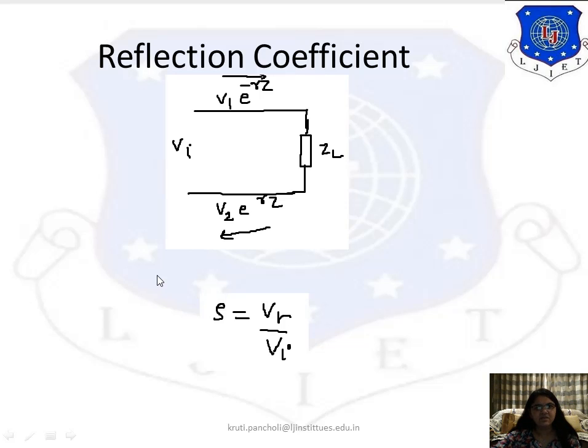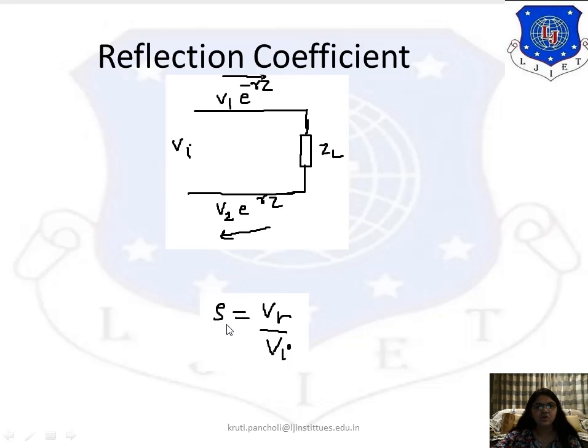As we have studied, impedance matching has a requirement: whenever the source impedance and the load impedance are matched, there is no reflection. But when there is a mismatch between the source and load impedance, reflection occurs, and in that case it is mandatory to find the reflection coefficient.